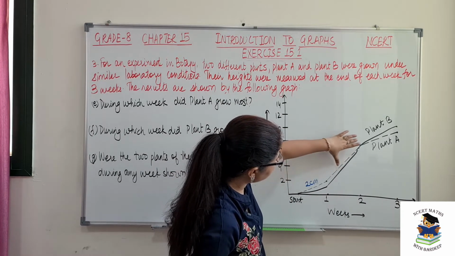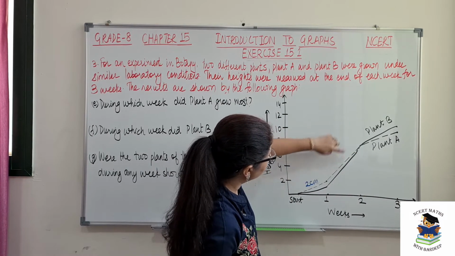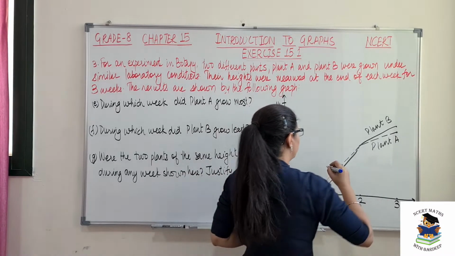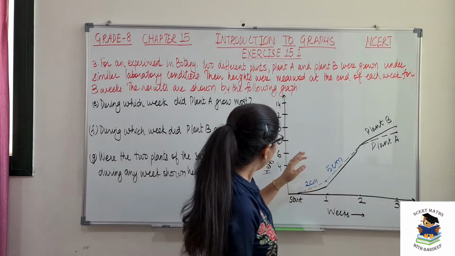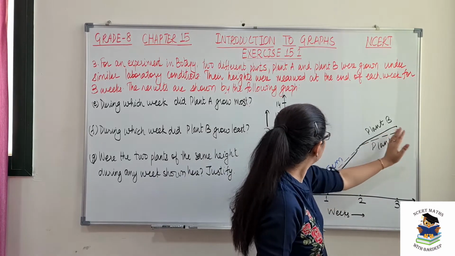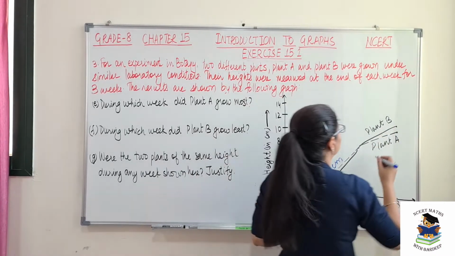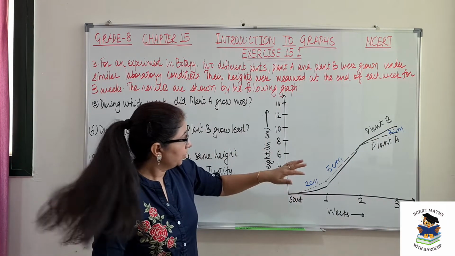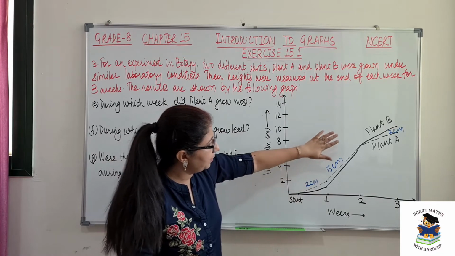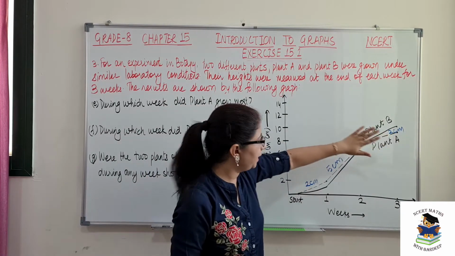For first and second week, this is 2 and this is 7. So 7 minus 2 is 5 centimeter. And for the third week, this is 9 minus 7, so that means 2 centimeter. So during first week, this is 2 centimeter growth, then 5 and then 2 centimeter.